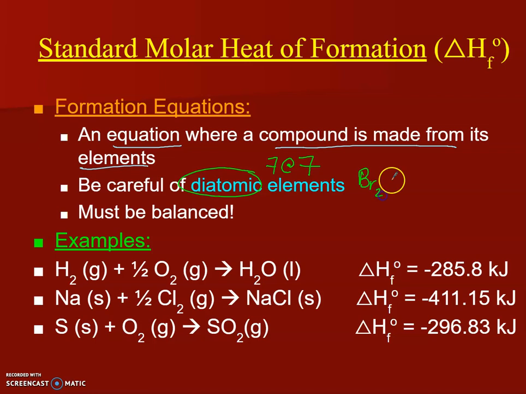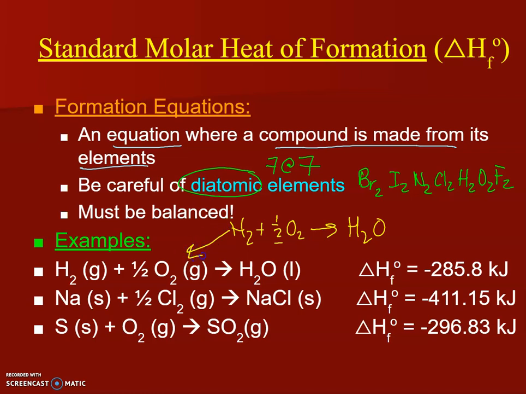So Br, I, N, Cl, H, O, and F. So if we are writing a formation equation for water, how do we make water from its elements? I need 2 hydrogens and 1 oxygen. So I use H2 and I use half of an O2 molecule. That is my heat of formation equation for making water.